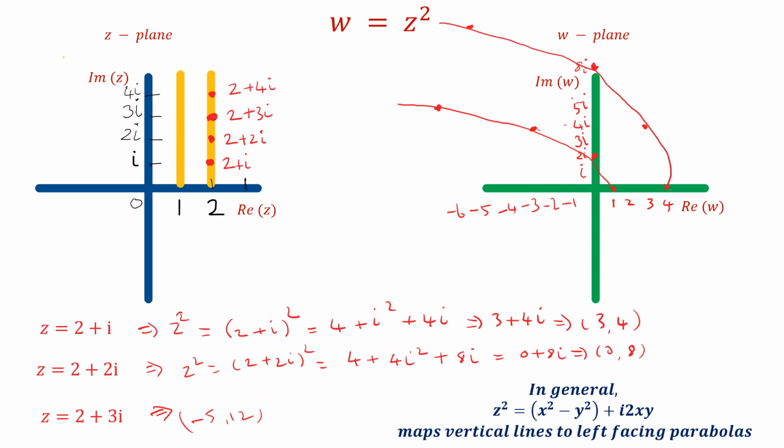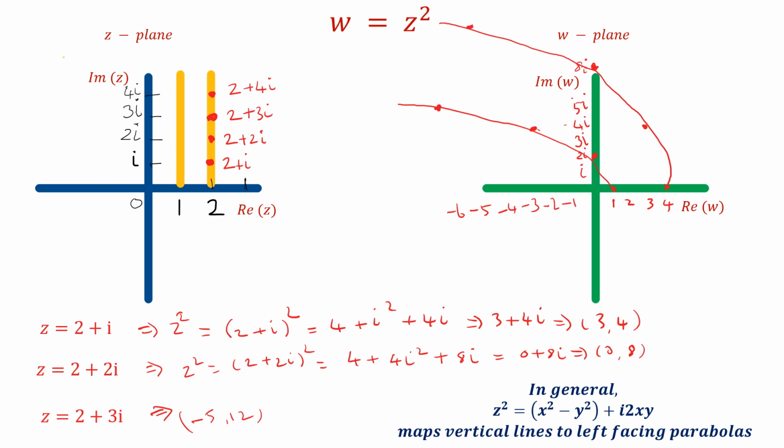Now let us consider another vertical line denoted as 2 plus i, 2 plus 2i, 2 plus 3i, and 2 plus 4i in the z plane. So this gets mapped to w plane as z square. For z is equal to 2 plus i, we have z square is equal to (2 plus i) whole square. So if we expand, we have 4 plus i square plus 4i.